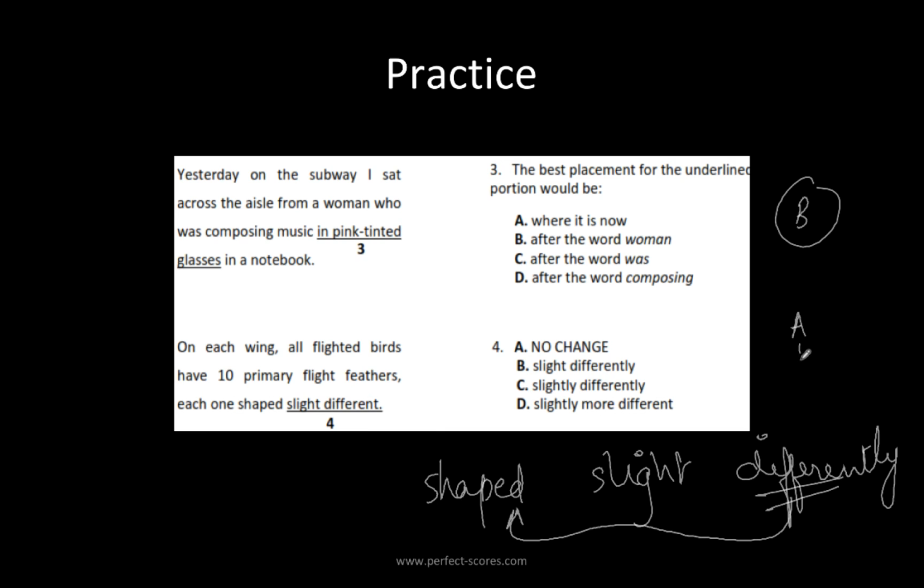So if you have these options, you can easily eliminate D and A. And the word "slight" needs to modify the adverb "differently." So what modifies an adverb? Another adverb. So not "slight," but "slightly." So B is eliminated. C is going to be the answer. So, each one shaped slightly differently.